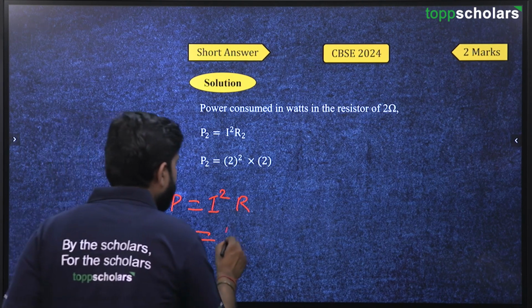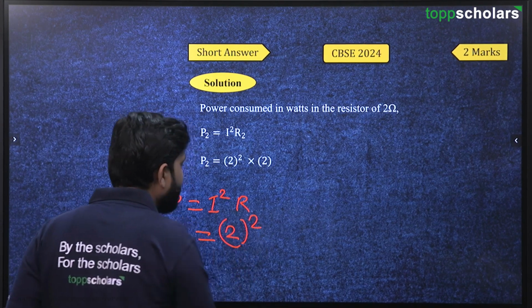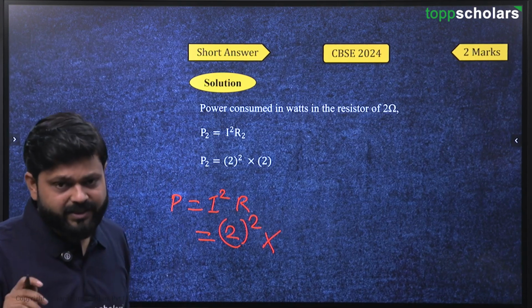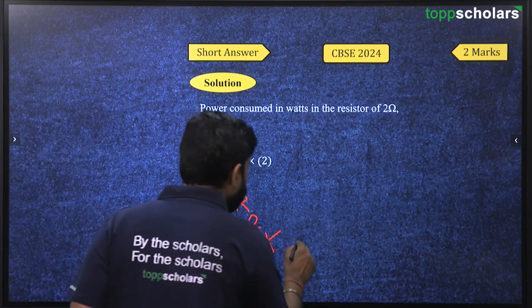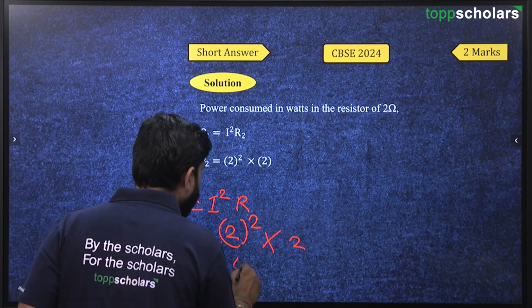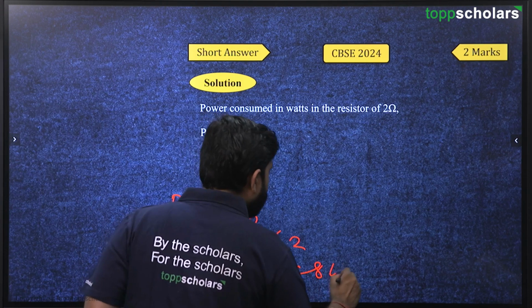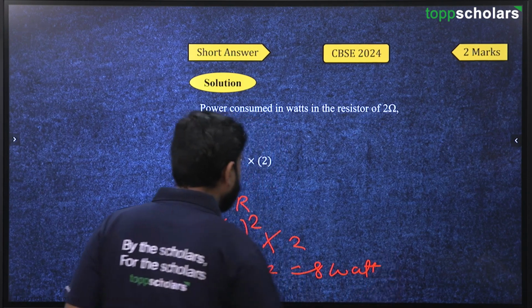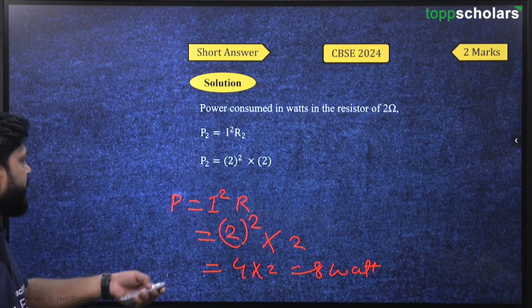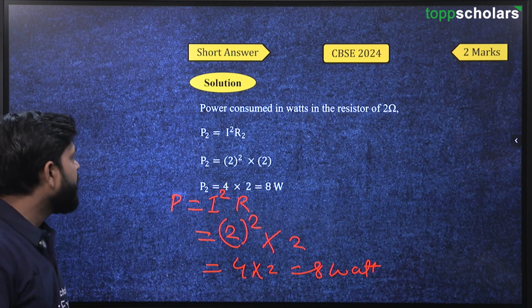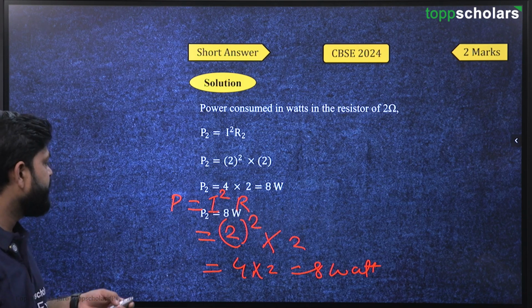So I square means 2 to the power 2, into the resistance, which is 2 ohm. 2 2s are 4, 4 into 2, it will be 8 watt. Got it? So that is 8 watt.